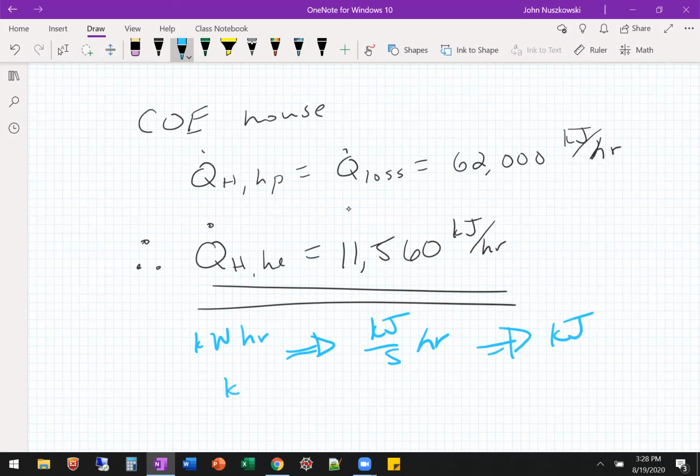Where joules per second is a kilowatt. Wait, is that what you asked?